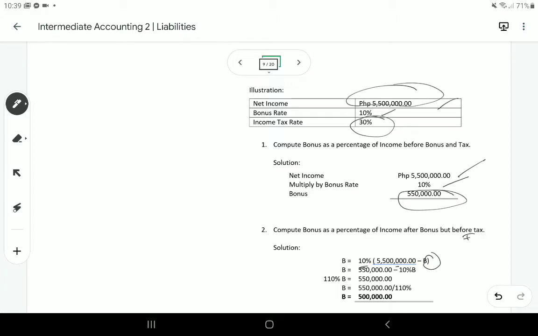So, following that concept, 10% times the net income, that is 550,000, then this becomes 10% of bonus, minus 10% of bonus. Transpose, okay? Then, 550,000 divided by the transposed percentage, that will give you 500,000. Okay?